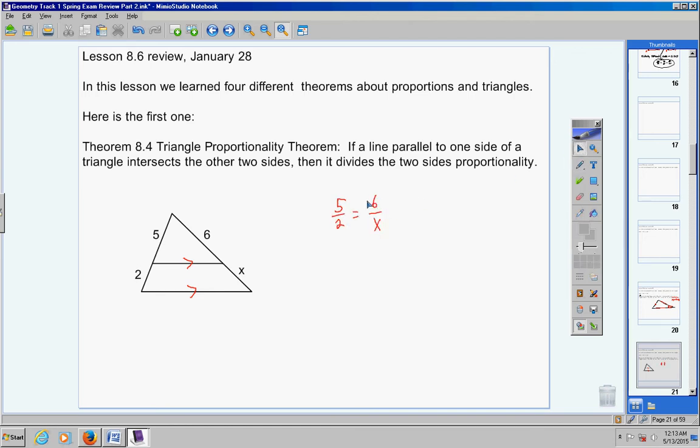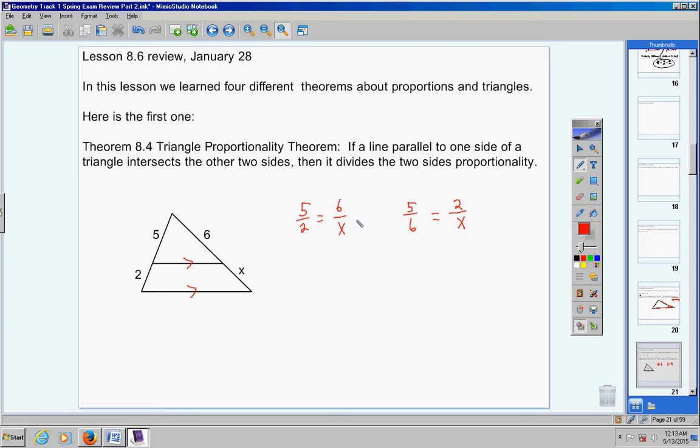That works fine. No problem there. Or you could also say as 5 changes to 6, 2 changes to x. And that would also work, okay?